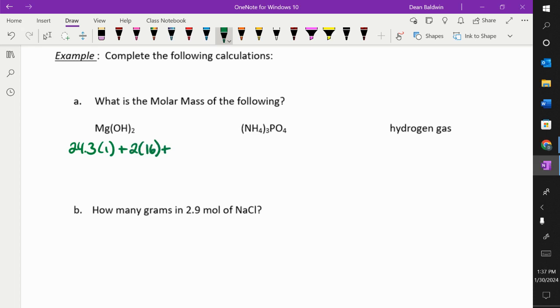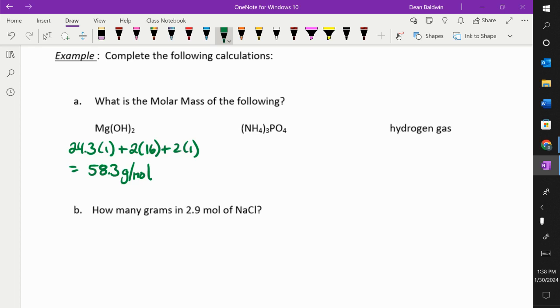What's the mass of hydrogen? How many hydrogens? 2 times 1. If you add those all together, you get 58.3. What are the units? Grams per mole. So that means 1 mole of magnesium hydroxide weighs 58.3 grams, or there's 58.3 grams in 1 mole.